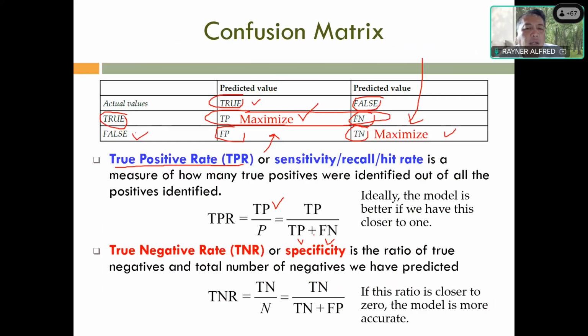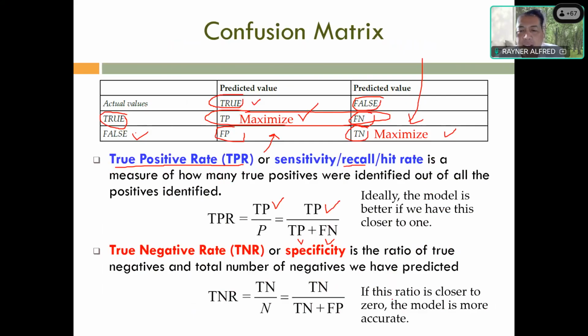Okay, how many of the total positive is predicted as true positive? Okay, so how much of them has been recalled? We also have true negative, but this one is looking into the negative samples. Specificity is the ratio of true negative and the total number of negative.